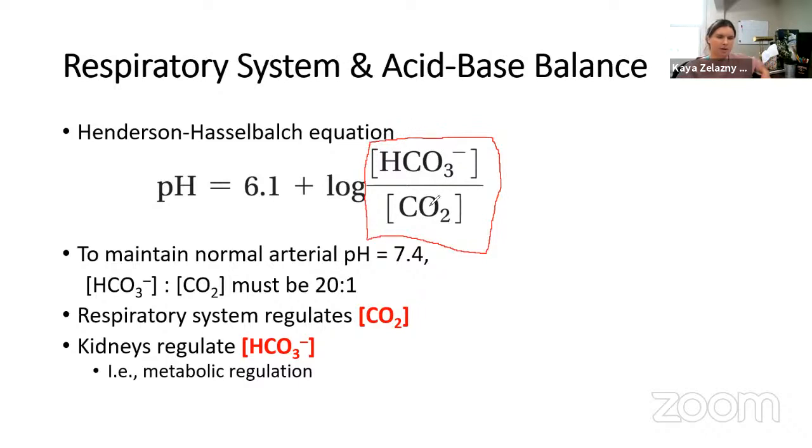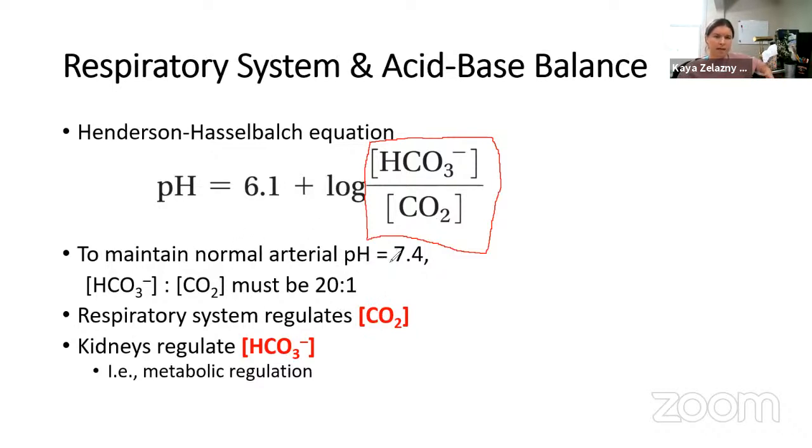So this is really the part we care about. We could calculate out pH using this equation, called the Henderson-Hasselbalch equation, based on our bicarbonate and our CO2.